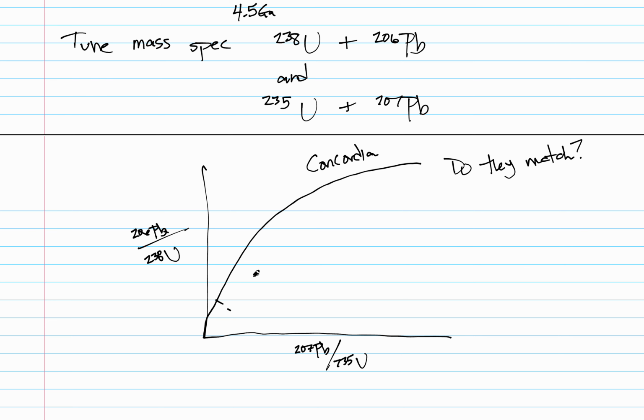So if a rock is 1 billion years, it'll plot there. If it's 2 billion, if it's 3 billion, or 4 billion. So if we had an example and it plotted right on the line right there, we would say we have a concordant answer at 1.2 billion years. We've just dated a rock.